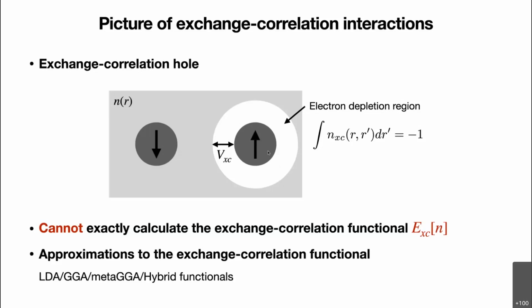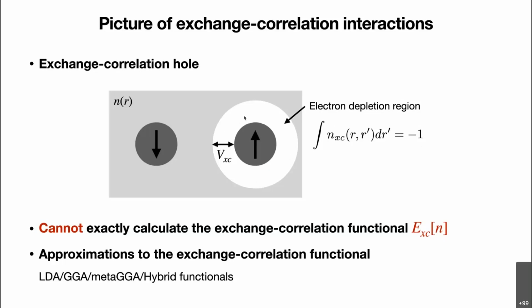Then this region becomes like an electron depletion region, because there shouldn't be electrons here. So if you do an integral over this region for the electron density, it becomes -1, which means that this region is positively charged.